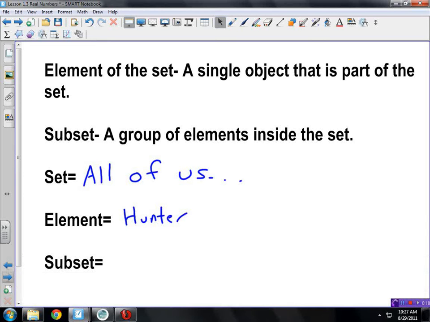What about a subset? Can we come up with a subset? Football players would be a subset, right? So football players, there we go, football players. So everybody in here that plays football makes a subset, right? A set that's smaller than the rest of us, right?